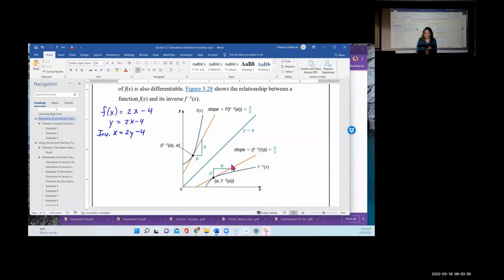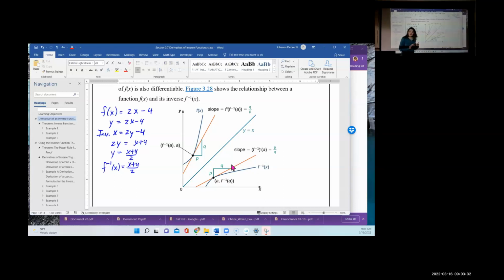Once we swap the variables, we solve for y again by moving the 4 to the other side. So we get 2y equals x plus 4, and then we divide everything by 2 so that we have (x plus 4) divided by 2. And this becomes the inverse function to the original function, which was 2x minus 4.